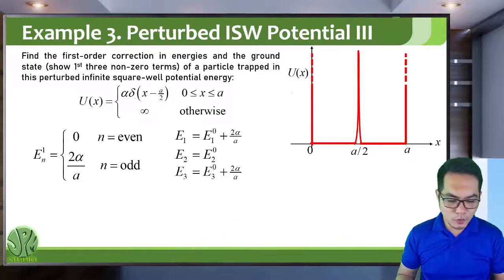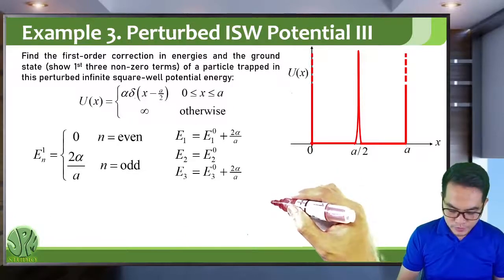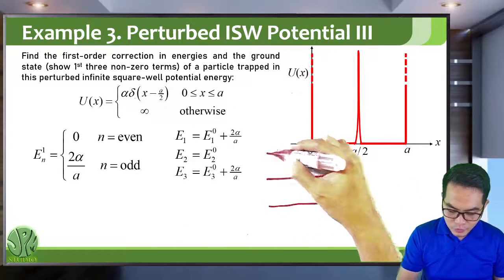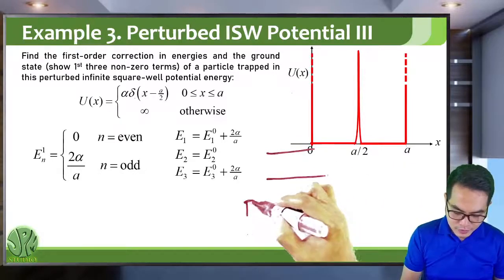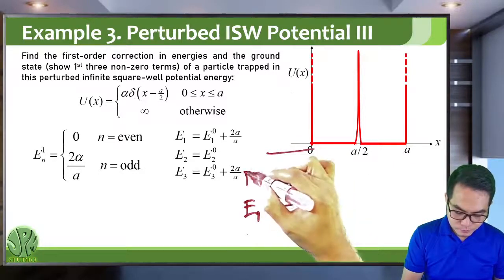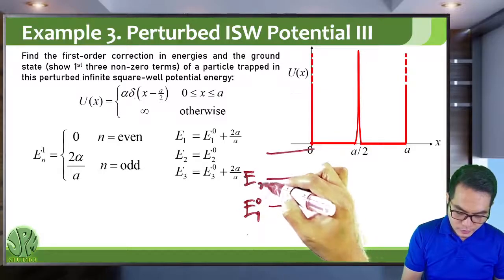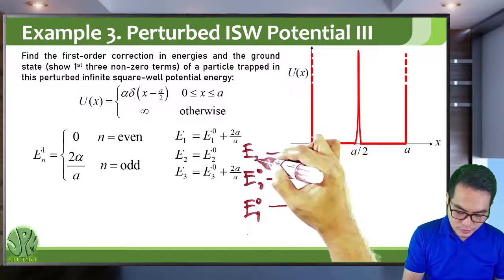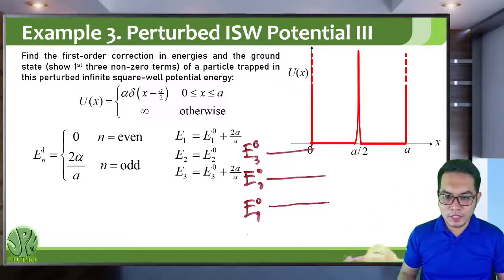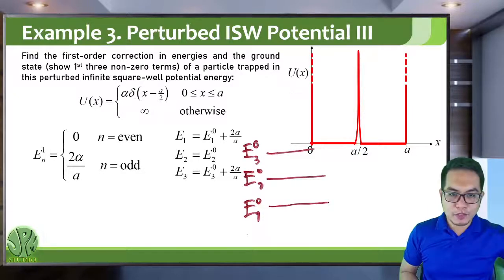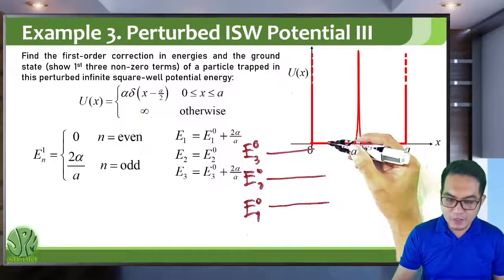So on for E3, it will have the same energy level. If you look at this from an energy level point of view, these are the original unperturbed energy levels, E1 0, E2 0, E3 0. Then when you perturb the system with this perturbation, only the odd energy levels are lifted.